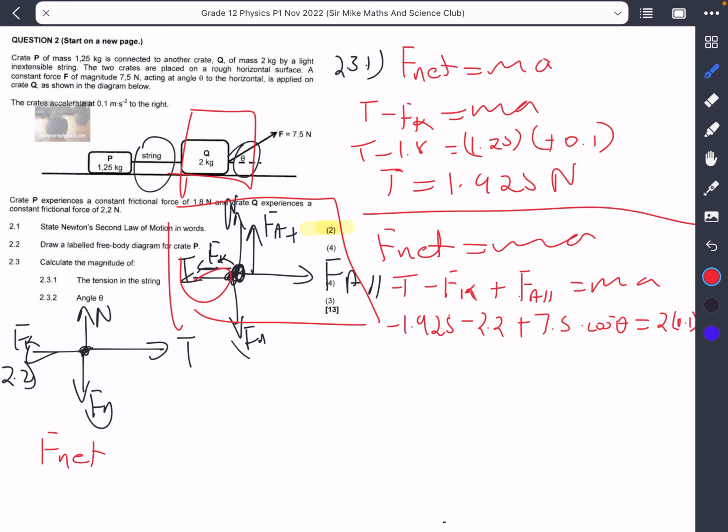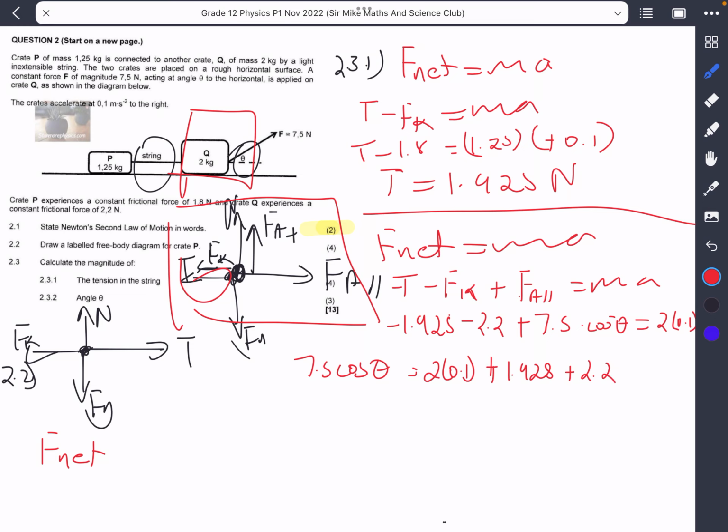So I'm going to transpose what I have right here to the right, and I would only be left with 7.5 multiplied by cos of theta. So I would have 7.5 cos of theta being equals to 2 multiplied by 0.1 plus 1.925 plus 2.2.